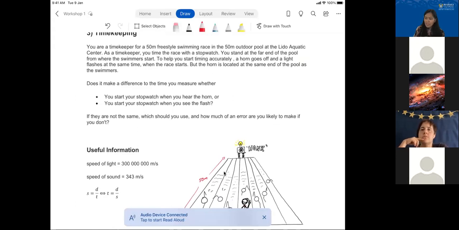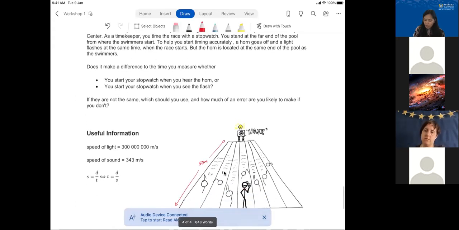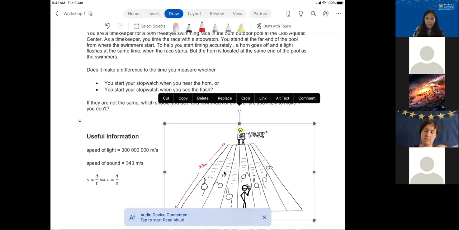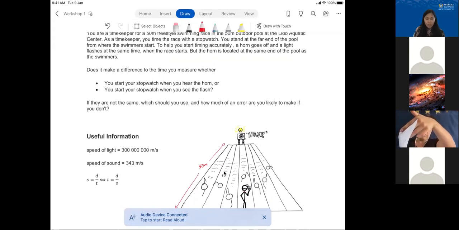But the idea here is that light and sound travel at different speeds, as given here. So you have to figure out when the sound will reach you as opposed to when the light will reach you, given the different speeds of light and sound.